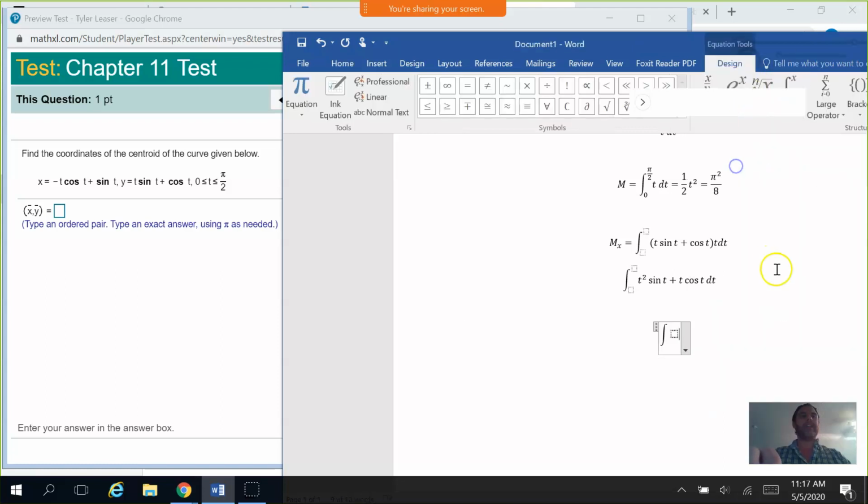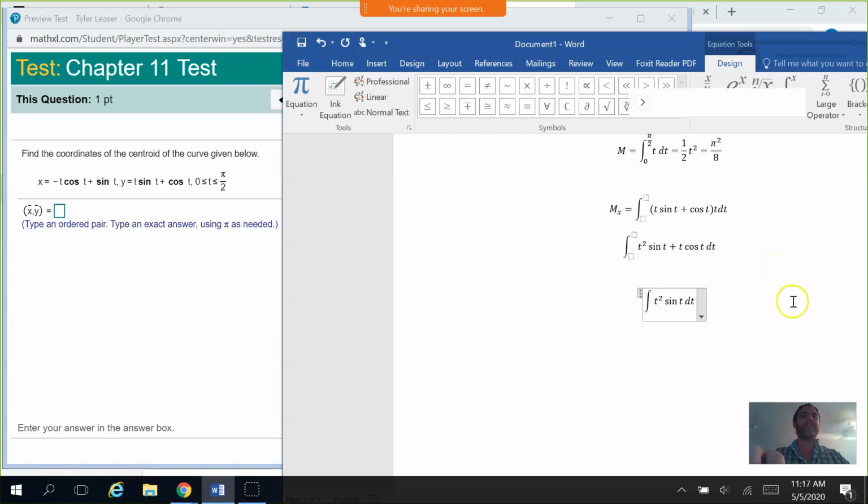So let's look at that integral of t squared sine t. This will be good practice for chapter 8 stuff anyway. So if I want to do integration by parts for this, I would let my u be the t squared and then my dv be the sine t dt. From there, I have to find my du, which would be 2t dt, and then my v, which would be the antiderivative of sine, which is cosine.